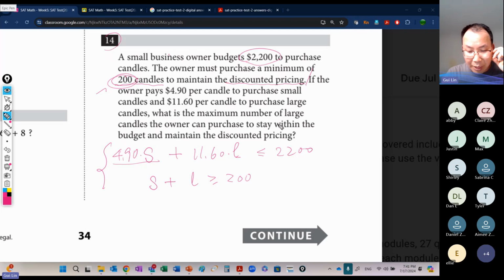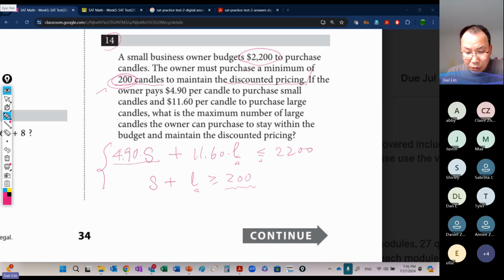What's the maximum number of large candles L the owner can purchase to stay within the budget? Staying within budget means this inequality, and maintaining the discount pricing means S plus L should be at least 200 candles. So we try to find out what the possible L will be.